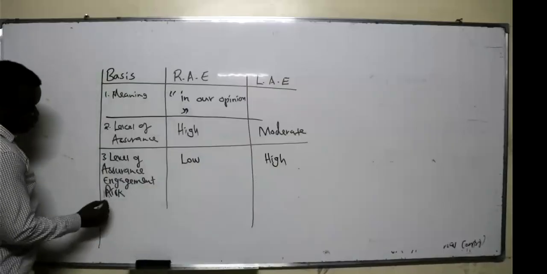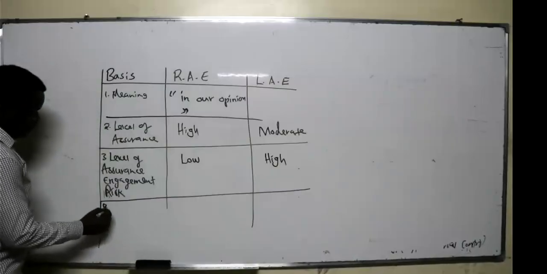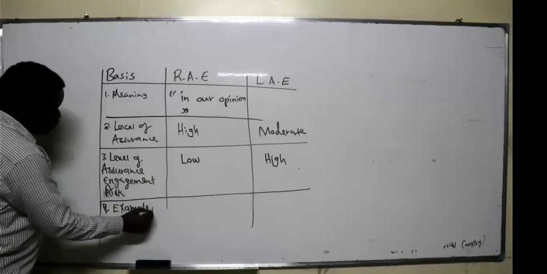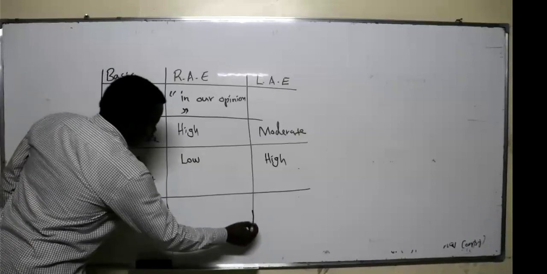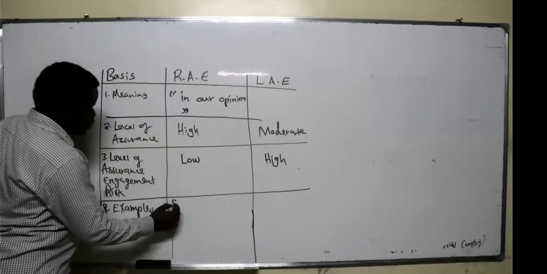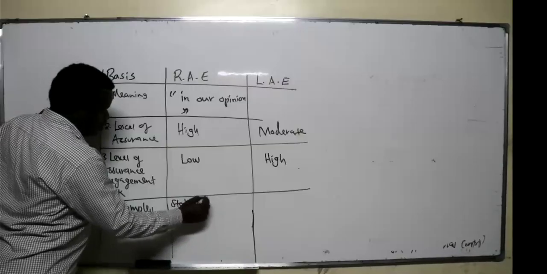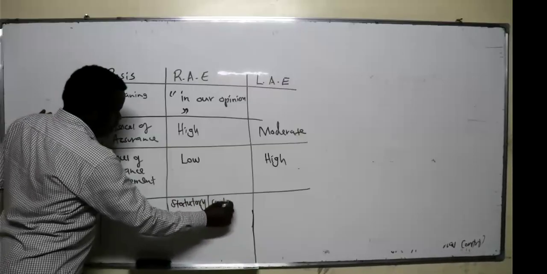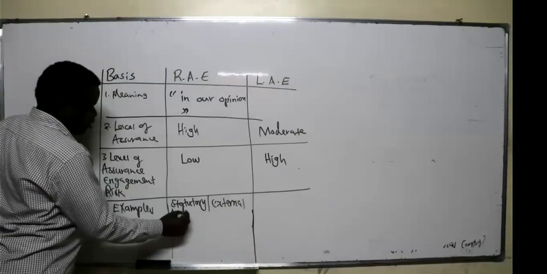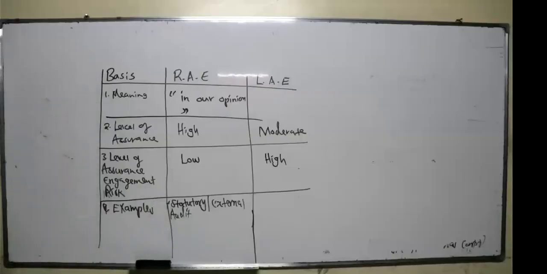Next, number 4, examples. Here we have the statutory or external audit as an example of a reasonable assurance engagement.